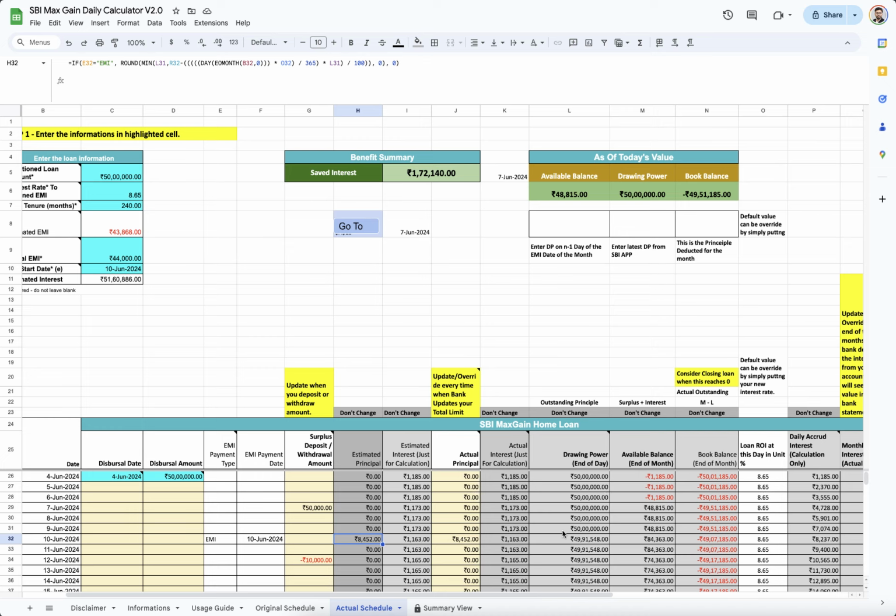Okay, so it will be reduced from that, and it will be reflected in your drawing power limit. So there will be no separate entry in your statement, but you will be able to notice the drawing power or the total limit is reduced in your bank account.